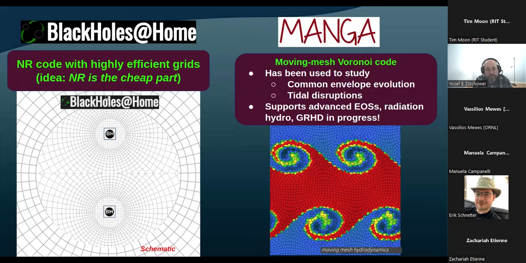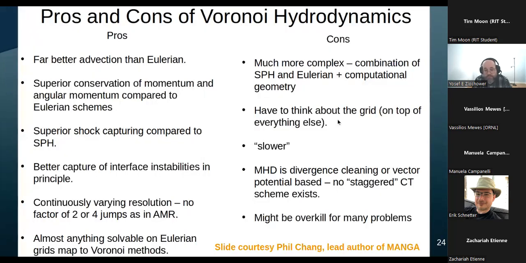The idea here is numerical relativity is going to be the cheap part, and we're going to couple it with the moving mesh Voronoi code, MANGA, which has been used to study some of the most challenging problems in all of computational astrophysics, common envelope evolution and tidal disruptions. And it already has a lot of nice features, advanced equations of state, radiation, and hydrodynamics, and we're working on GR hydrodynamics. So some pros and cons.